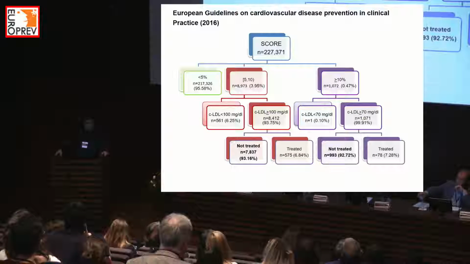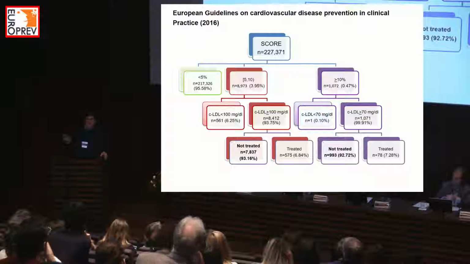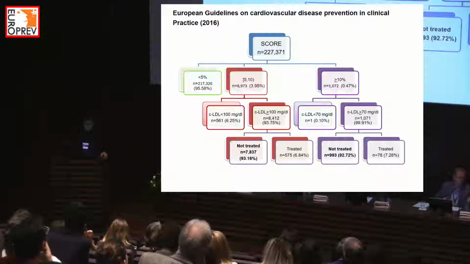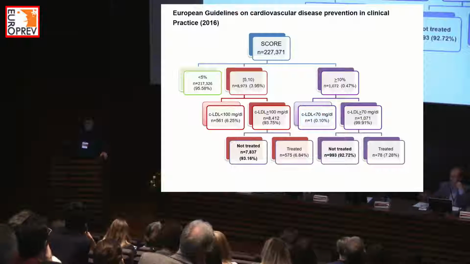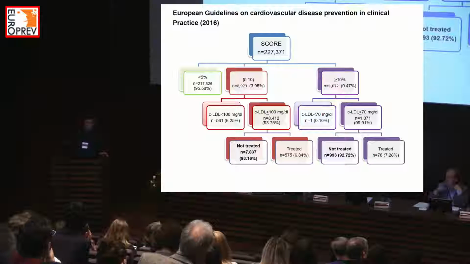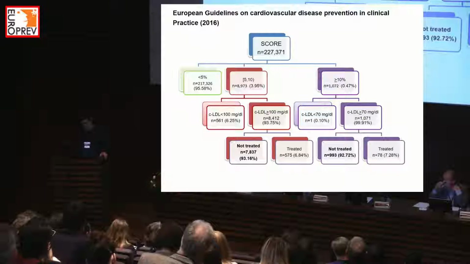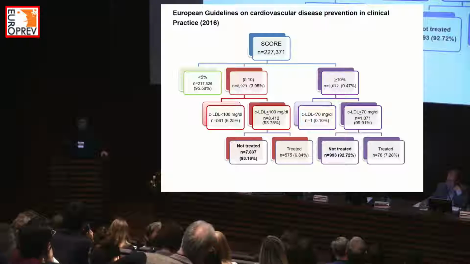And this is the algorithm if we apply the European guidelines to this population. So as you can see, we have the full population, 227,371 individuals.